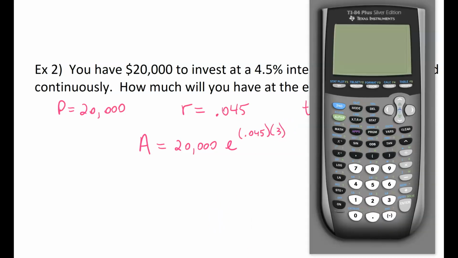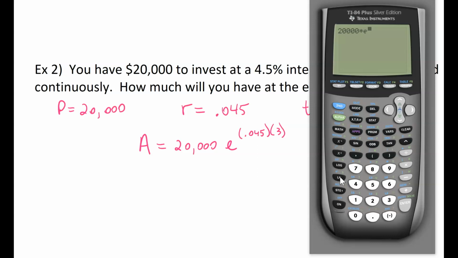Okay, so I know that when we are working with pi, we often round it to 3.14. Don't want to do that here, so let me show you where. Let me clear all this. Okay, so we'll plug everything in. We've got the 20,000 times. Now the E button is located above this natural log, so you'll have to hit second natural log, and then you'll see it's always going to give you E raised to whatever you want to raise it to.